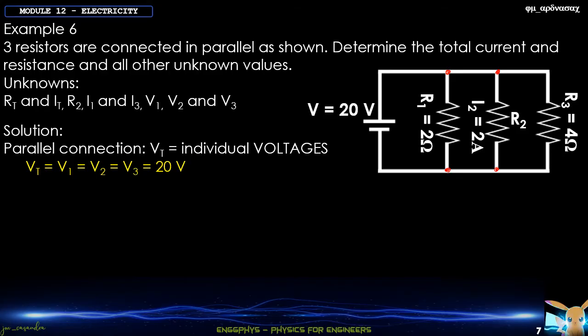So let's check already. We have computed for our V1, V2, and V3. Okay? So with that, we now can compute for the next unknown. So ano ang pwede kong ma-solve dito? So we're given the total voltage, pero hindi ko pa alam ang ating total resistance at ang ating total current. So we cannot solve either.